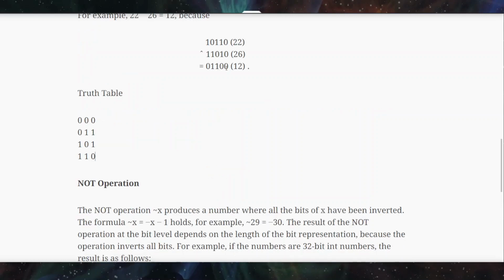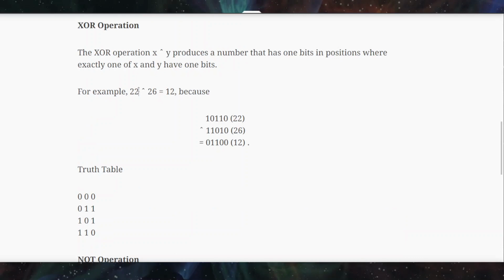For the same bits the output is 0, and for alternate bits the output is 1. One more thing, the XOR operator is the upper arrow type sign. You can find it by pressing shift and the 6 number key on the row above the alphabetical keys.